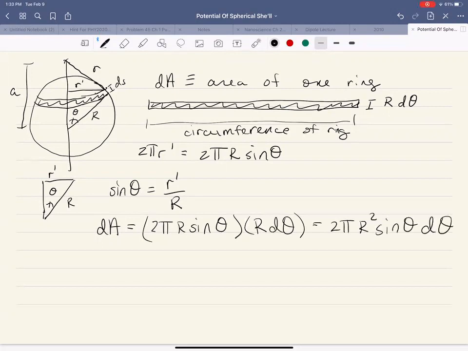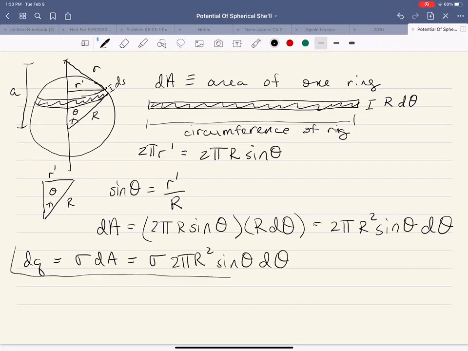So that's my dA. And then my dq would be equal to sigma dA, which would be equal to sigma times 2 pi R squared sine theta d theta. So that's what we're going to plug in for our dq in our integral.